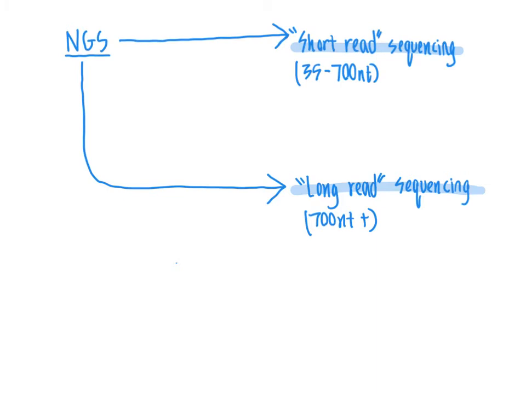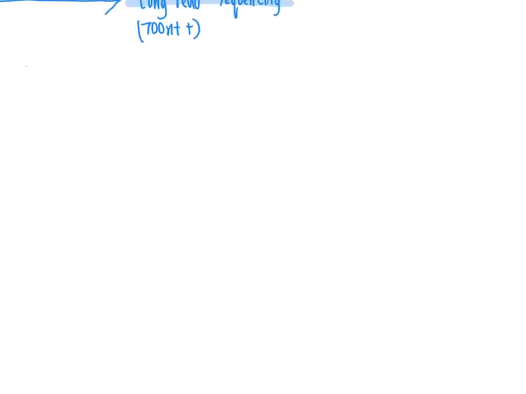In each case, once a sequence is generated using the short read or longer read sequencing, some additional steps are necessary in order to utilize these data to address questions related to the genomes of organisms. So let's take a look at what one would do once they've generated next generation sequencing data using either the short read techniques or the longer read techniques.